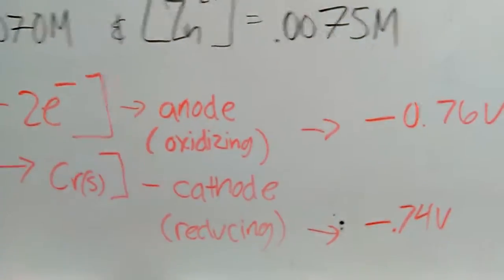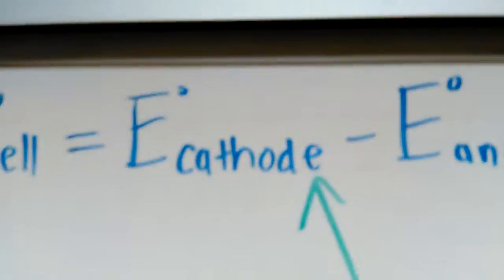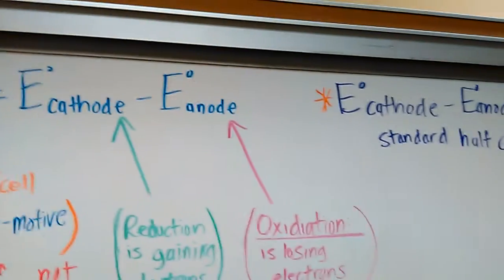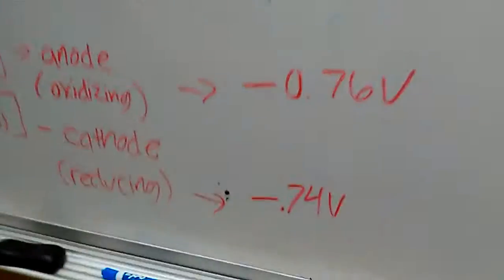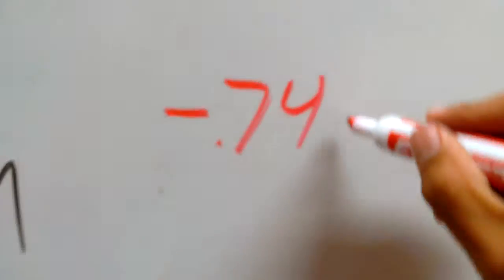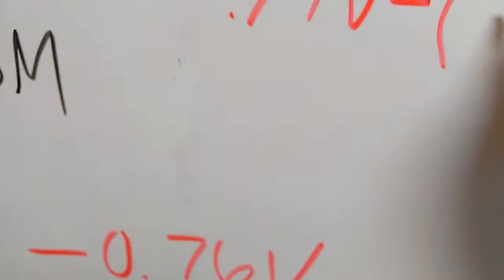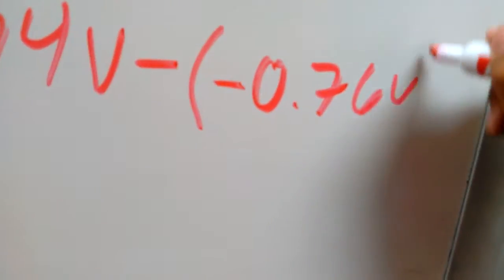Here we're going to do our cathode minus our anode in order to get our standard cell. So our cathode, negative 0.74 volts, minus our anode, negative 0.76 volts.